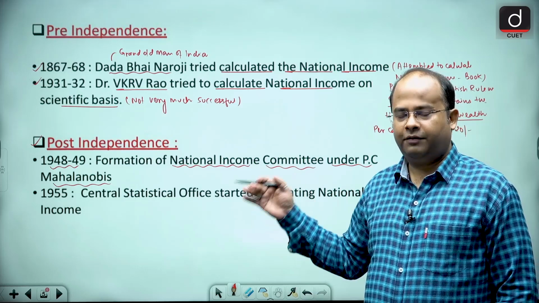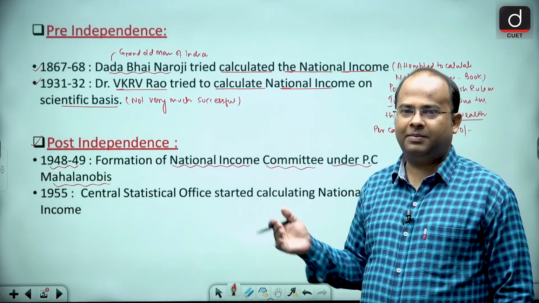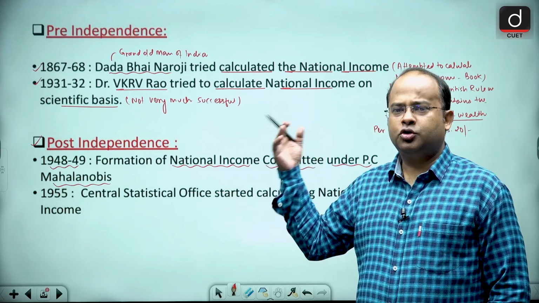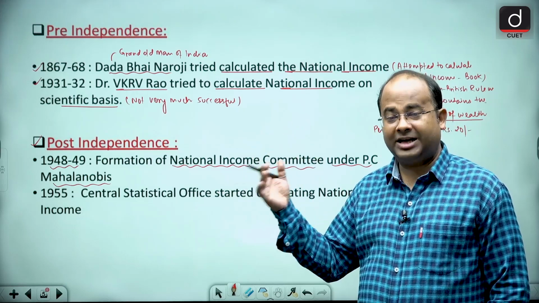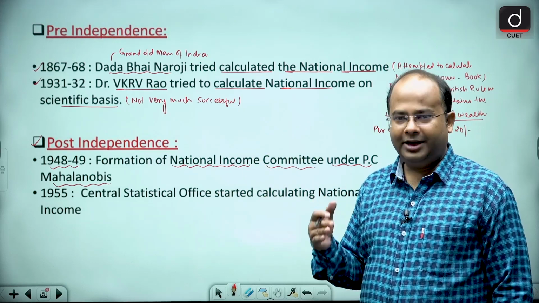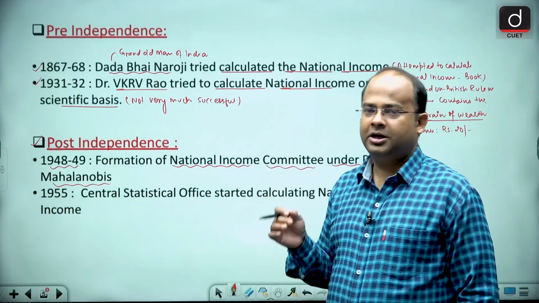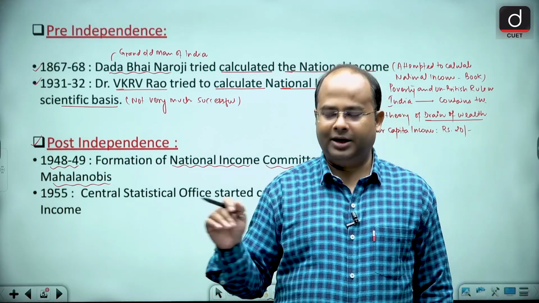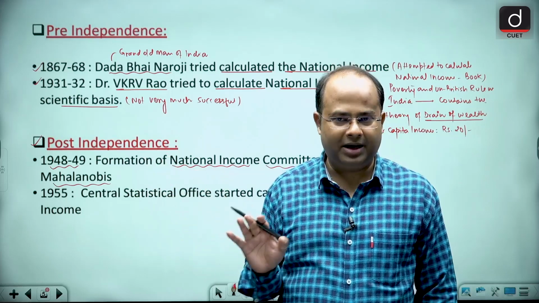He was a very famous personality, and the second 5-year plan was the Nehru-Mahalanobis plan. Nehru means Pandit Jawaharlal Nehru, and Mahalanobis means P.C. Mahalanobis.